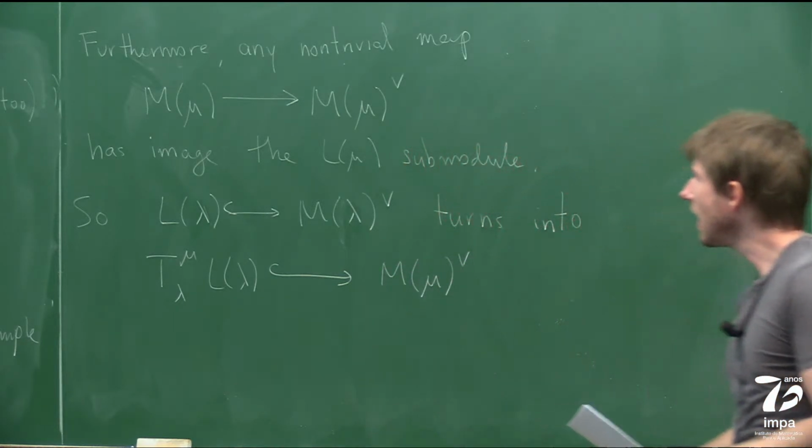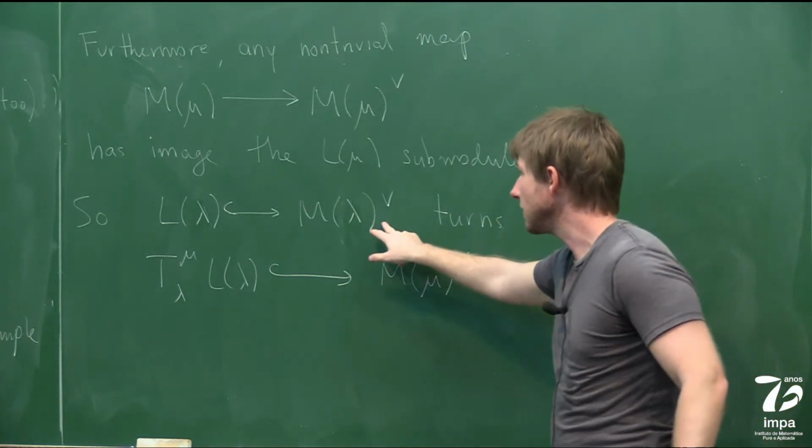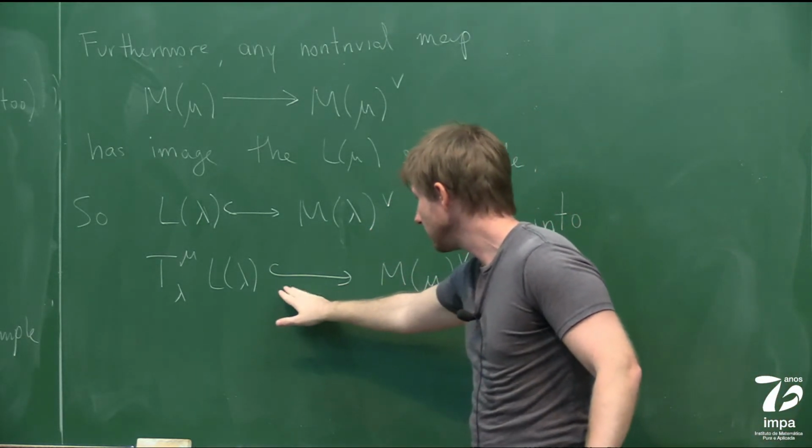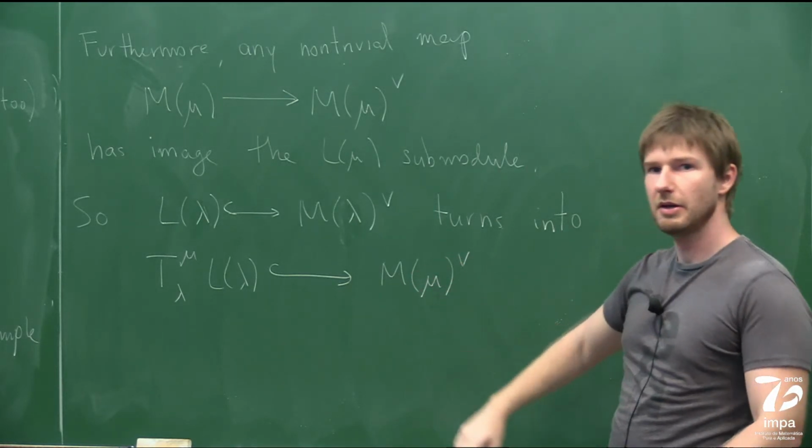Okay, so now we use exactness again. So we have L lambda mapping into the dual of M lambda. Then we apply the translation functor. We get an inclusion into the dual of the image of M lambda, which is M mu.